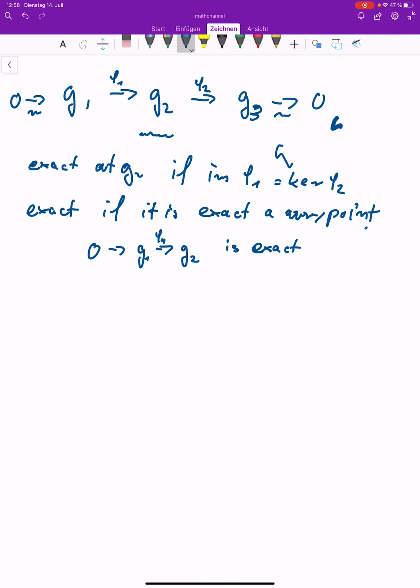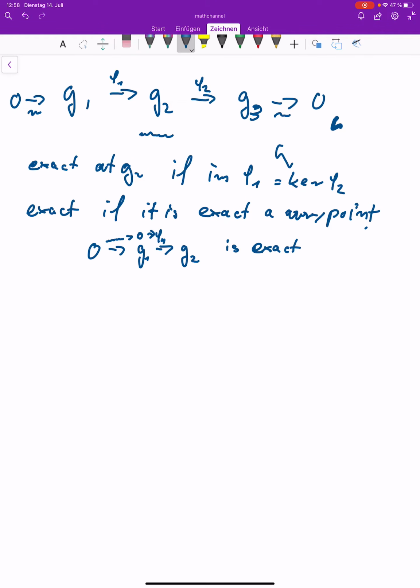Well, it means that the image of 0 in G1, which is of course 0, has to be the kernel of this map phi1.